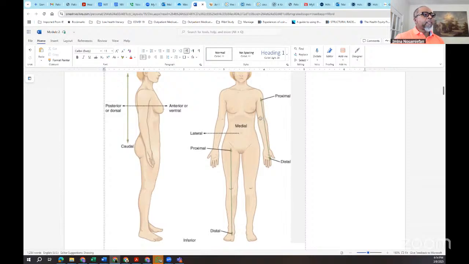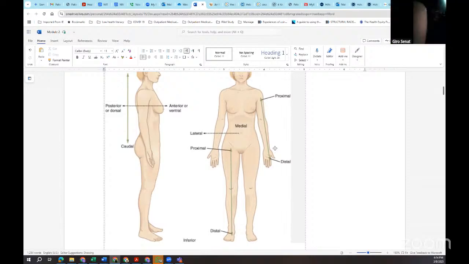So question, is the elbow proximal or distal to the wrist? Distal. You said the elbow is distal to the wrist. Do you agree? I think it's proximal.